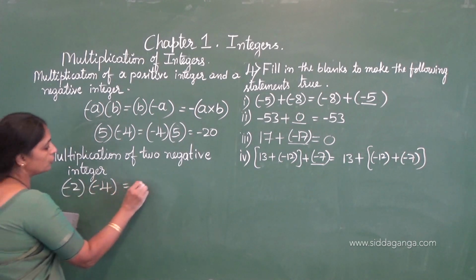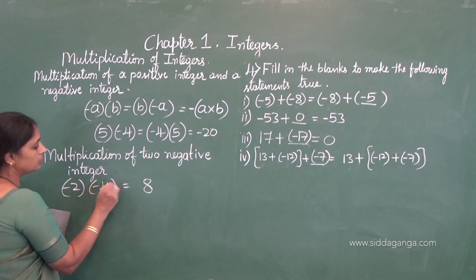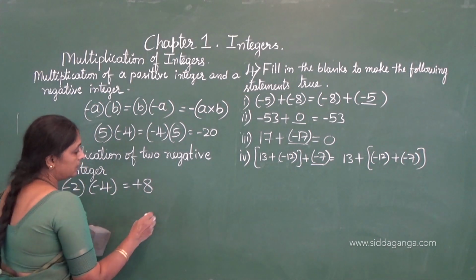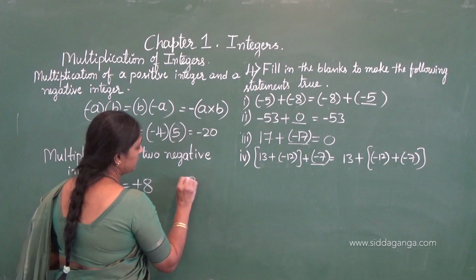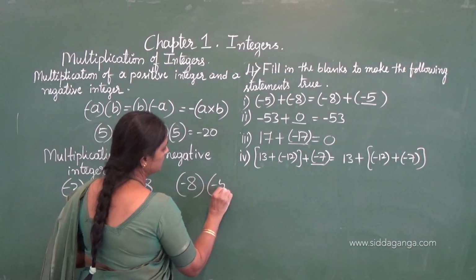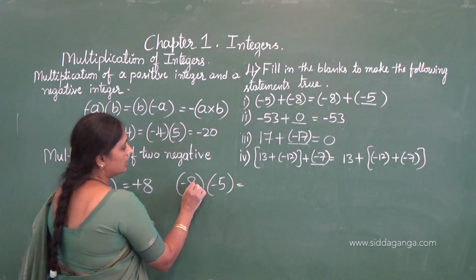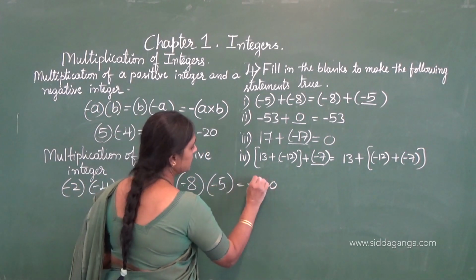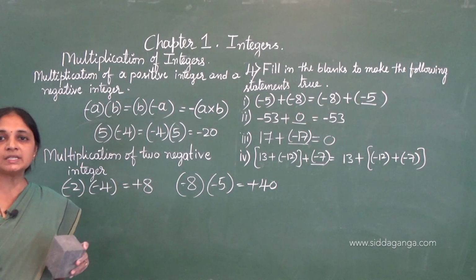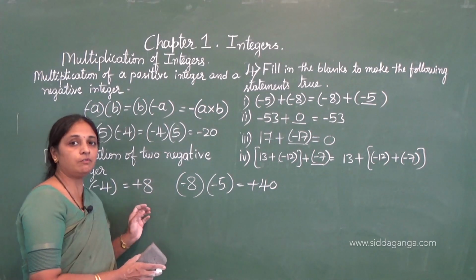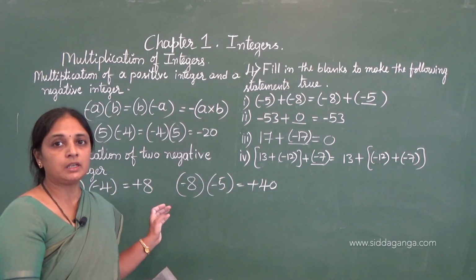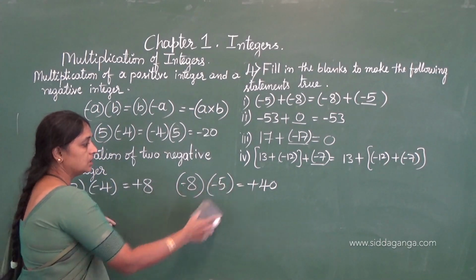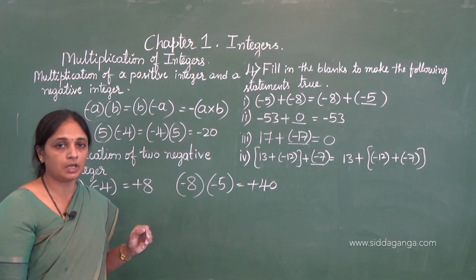Here 2 fours are 8, minus into minus is plus. And we can write minus 8 into minus 5, we get 8 fives are 40, so minus into minus is plus, it's plus 40. When we multiply two negative integers, we get a positive integer.